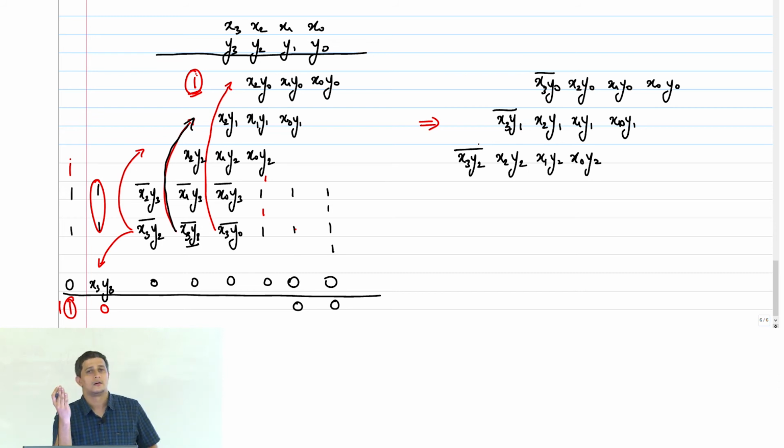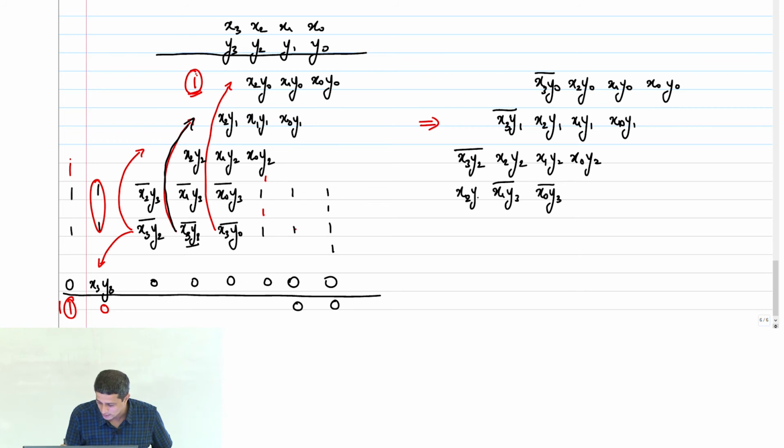Now there is another term where I am going to multiply by y3, which is all negative numbers. So here I will write this as x0, y3 bar, x1, y3 bar, x2, y3 bar and x3, y3.